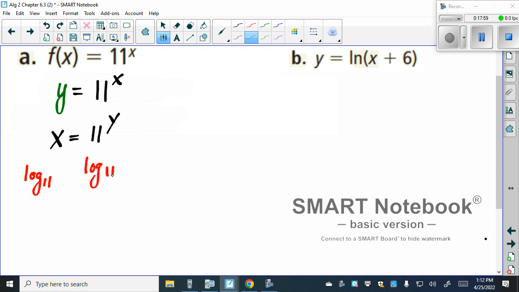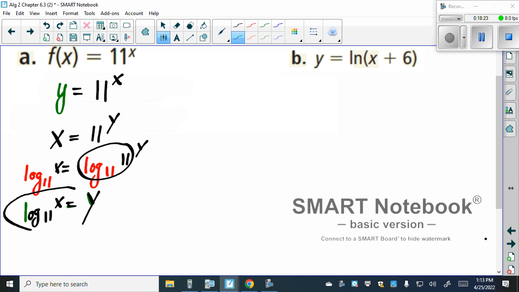Since we want to get rid of the exponential, and the exponential has a base of 11, we're going to apply log base 11 to both sides. Because over here, log base 11 of 11 to the y is going to simplify to just y. On the other side, we're going to have log base 11 of x. Now, since y is by itself, we're done. That's the inverse function. That's it.